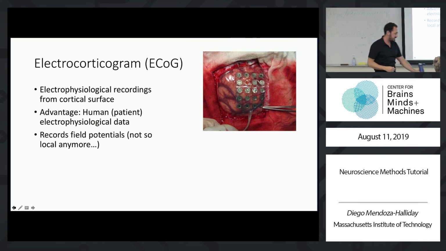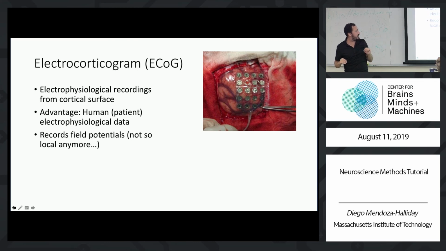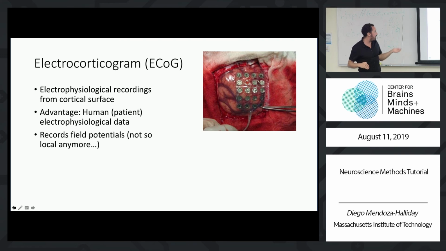The next one is based on surface electrodes, like those that you see there that could be implanted in patients. So the advantage is that they are not brain invasive. You can put them on the surface of the cortex and then capture field potentials that are a large-scale aggregate of many local field potentials, if you may.